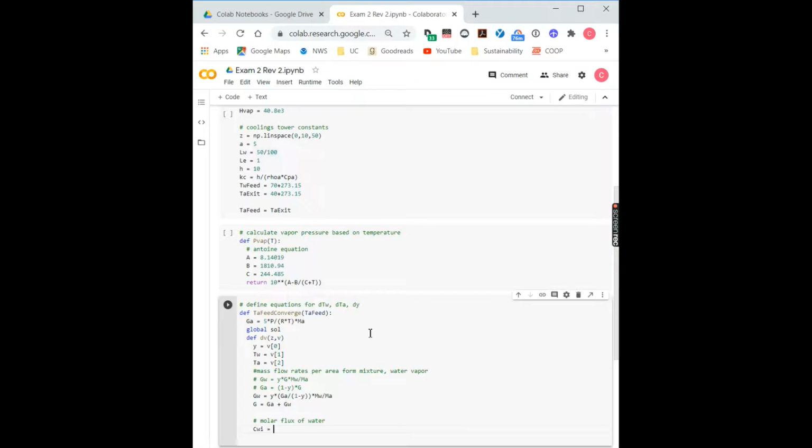The concentration of water at the interface will be using the vapor pressure that we calculated earlier at that temperature of the water divided by our R constant and the temperature of the water.